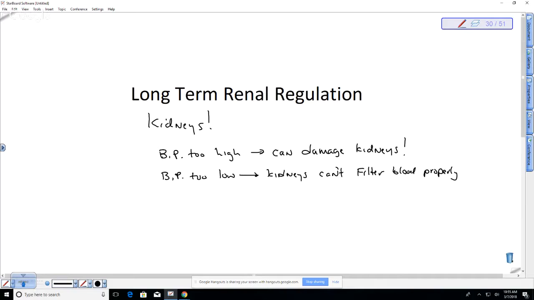So this is why the kidneys are probably important in the regulation of blood pressure. There are actually sensors in the blood vessels leading up to the kidney that can detect blood pressure. So kidney cells detect blood pressure. These would be receptors, right? They're not in the brain, they're not in the blood vessels, they're actually in the kidneys.